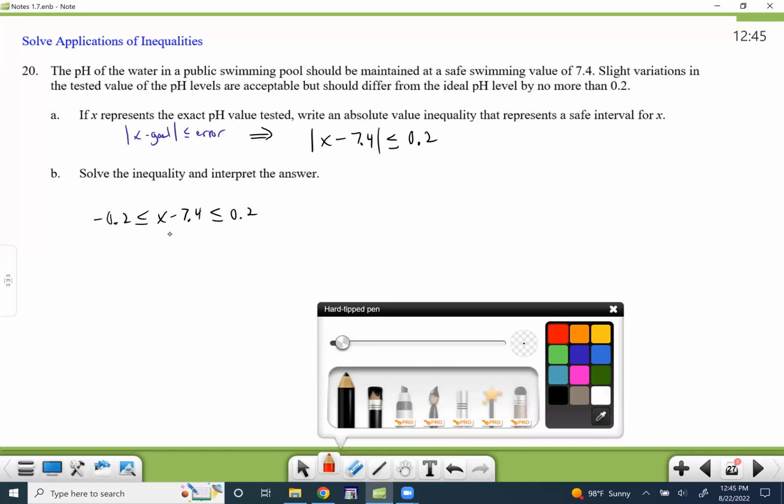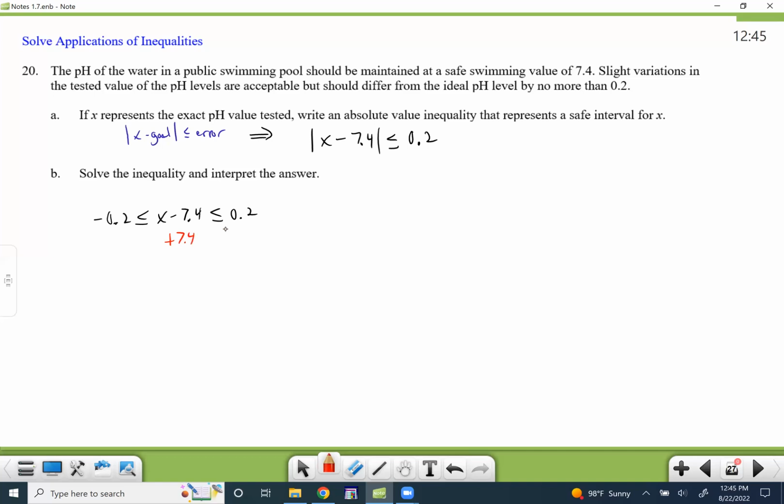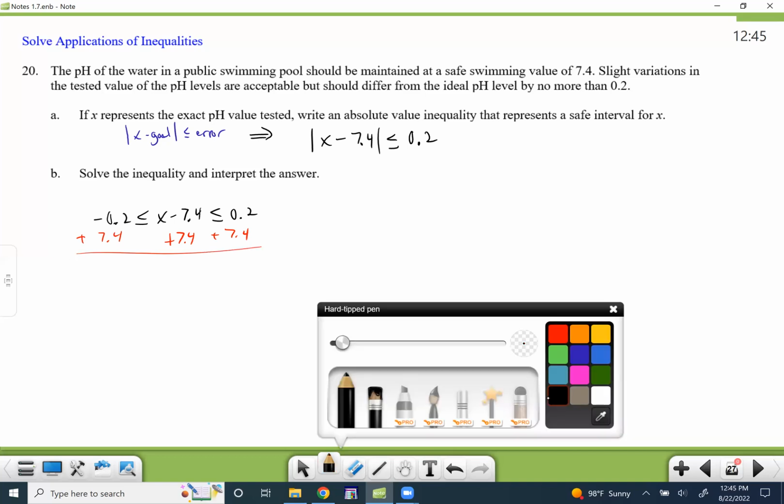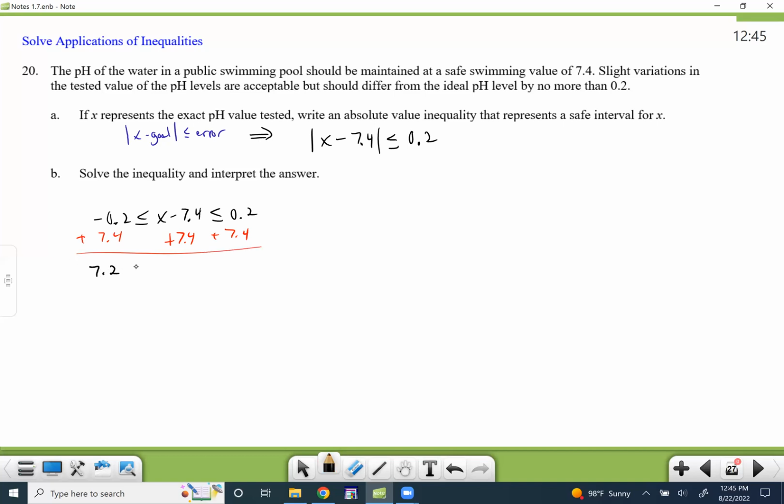So we're going to add 7.4 on both sides of the inequality. So this will be 7.2, we're okay with that kind of a pH, and this one will be 7.6.